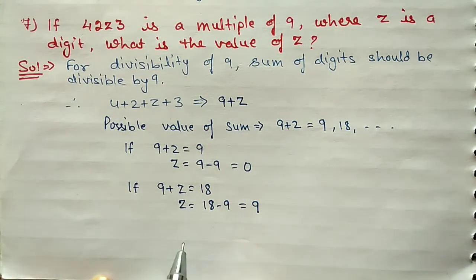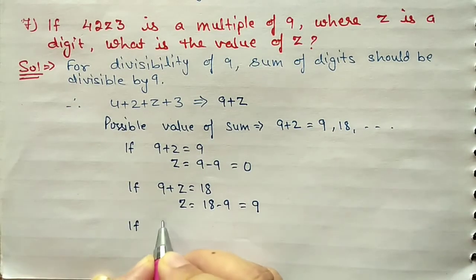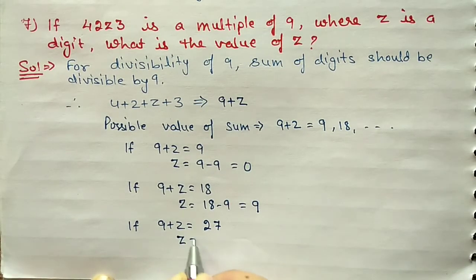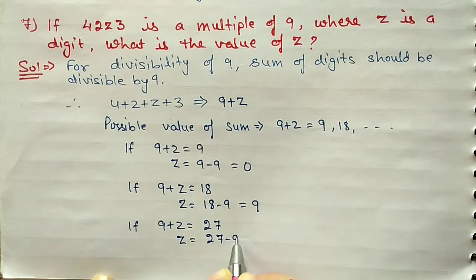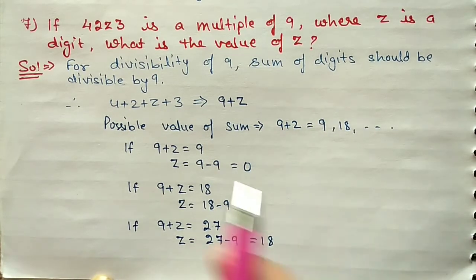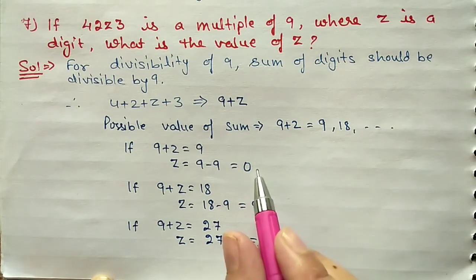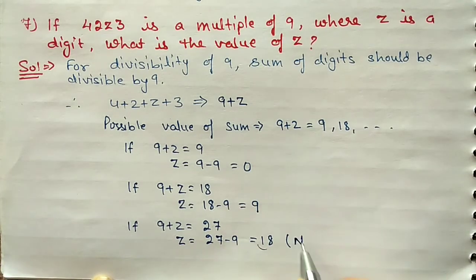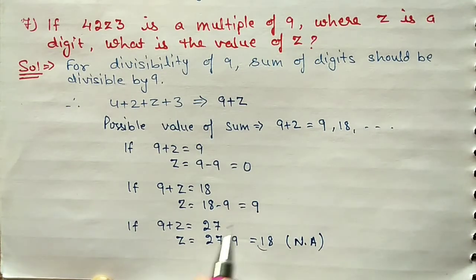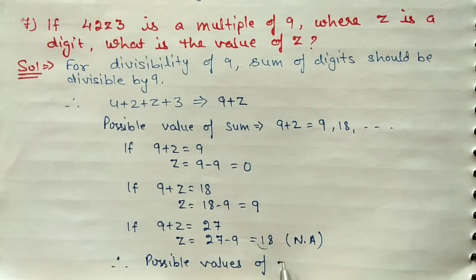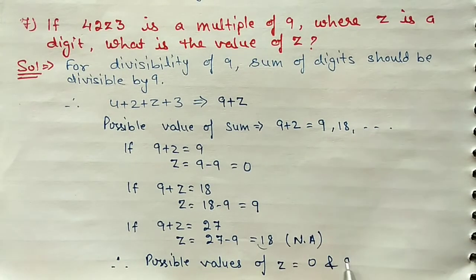Then next multiple is 27, and if we compare with that, 9 plus z is equal to 27, in that case z value will be 27 minus 9 is equal to 18, and here it is a digit. So digit means here 2-digit number will not come, only 0 to 9 we can consider. So this will come under not applicable condition. Therefore the possible values of z will be 0 and 9.